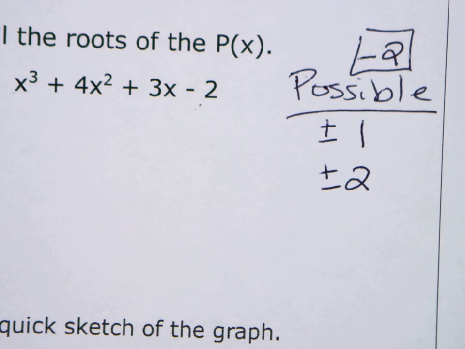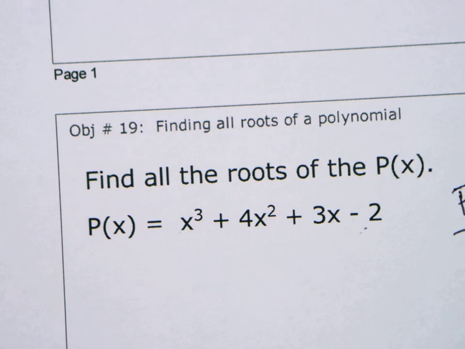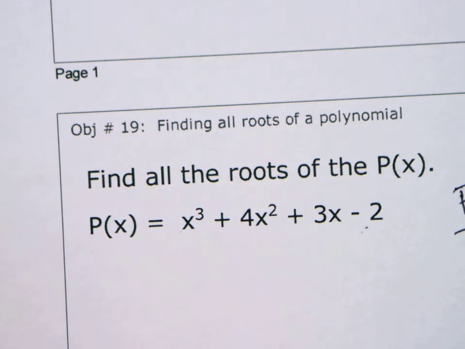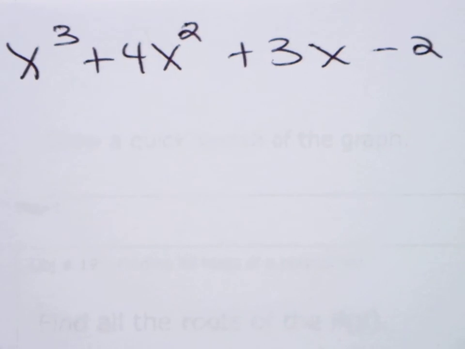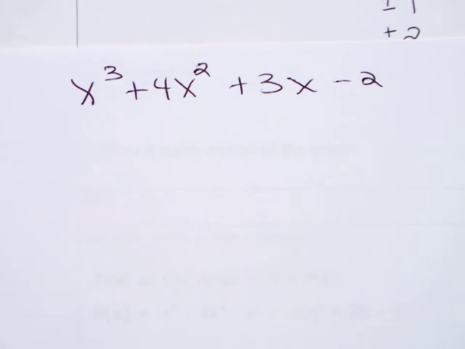So we cannot factor this. If you attempt, it will not work. I can show you that if you'd like. So if we have x cubed plus 4x squared plus 3x minus 2, the first thing you should do is check, can it be factored?